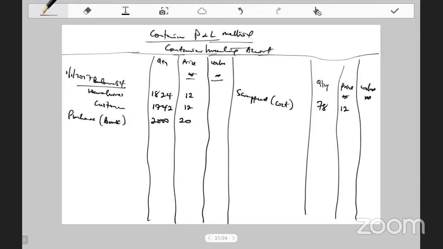We're not going to multiply the scrap by 5 naira. Remember, when we did the trading method, we didn't put the profit realized at all. We need the book value: 78 times 12. What is 78 times 12? 936.